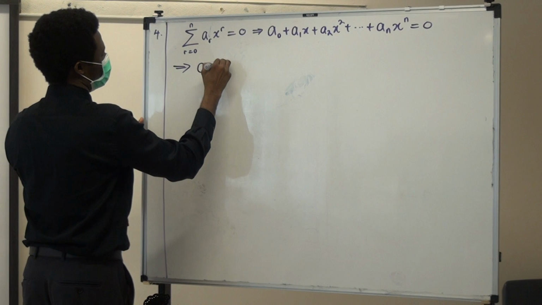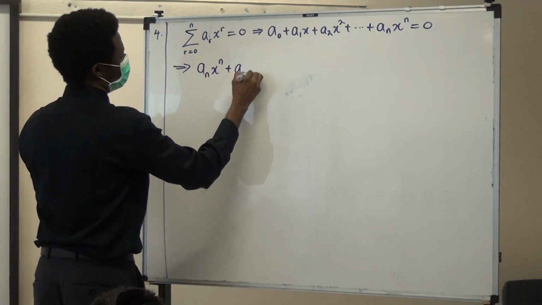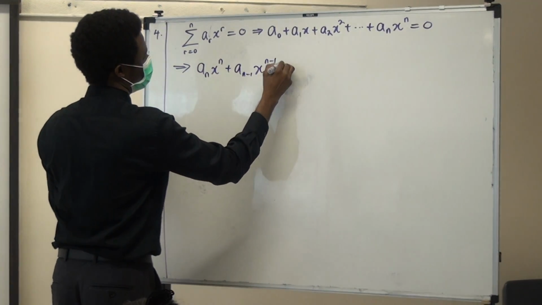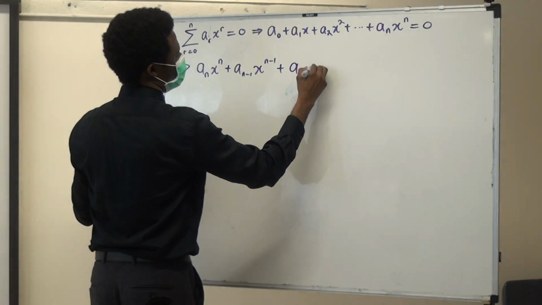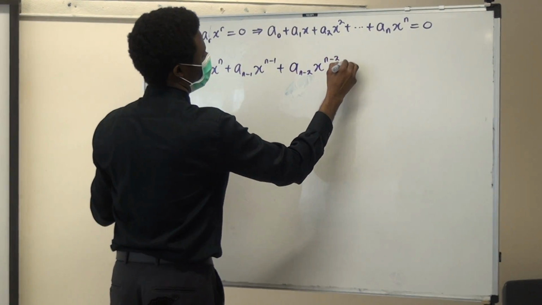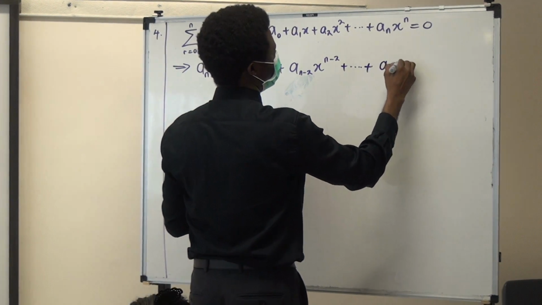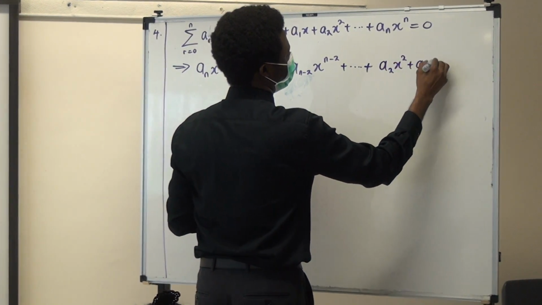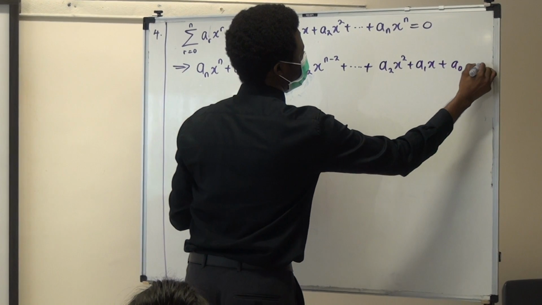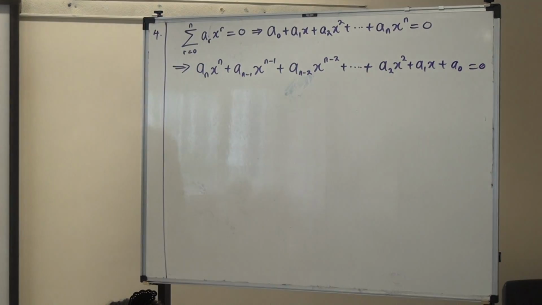So an x^n, a_(n-1) x^(n-1), a_(n-2) x^(n-2), and this continues until a2 x squared, a1 x, then a0 is equal to 0. So this is a polynomial of degree n, where an is not equal to 0, of course.